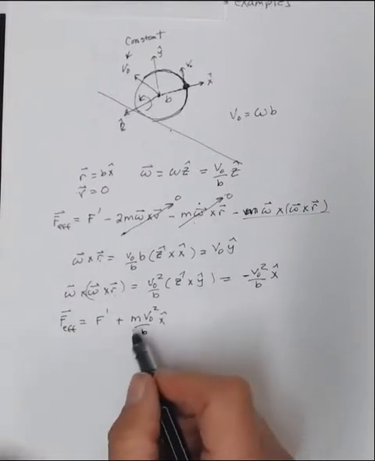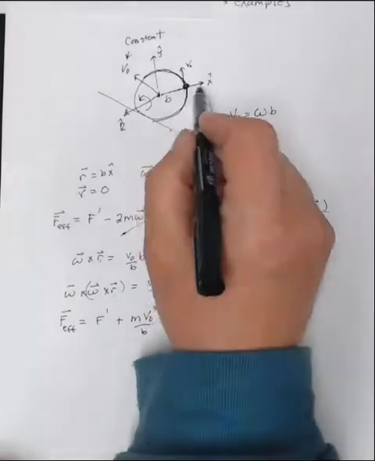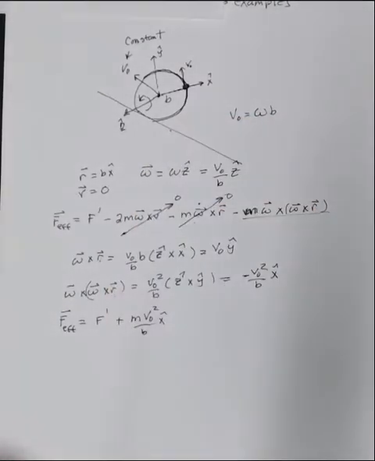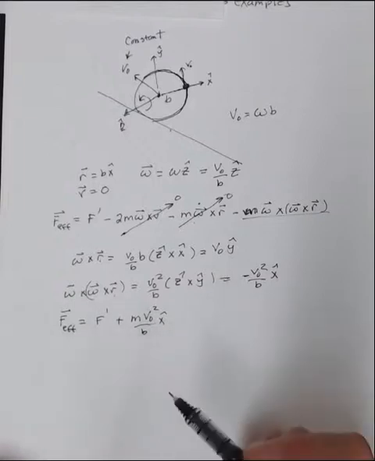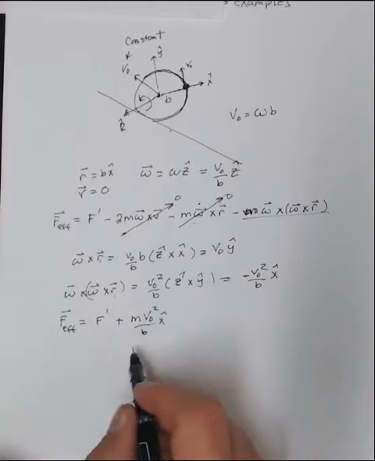So in the rotating frame, you think you have a force pointing out in the x direction, trying to push you out that way. And you've all felt that. You go around a curve in a car on a road and you feel like you're being pushed towards the door. But that's because you're in a non-inertial frame, a rotating frame.